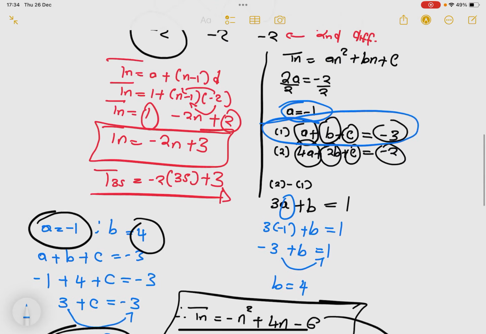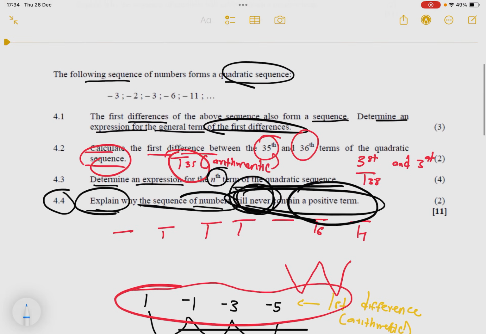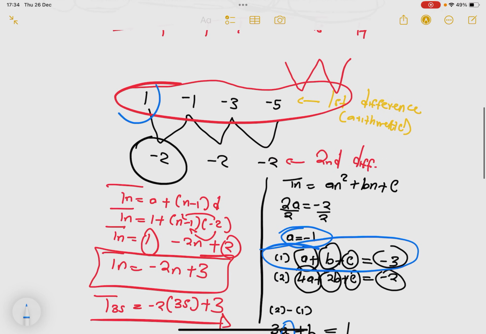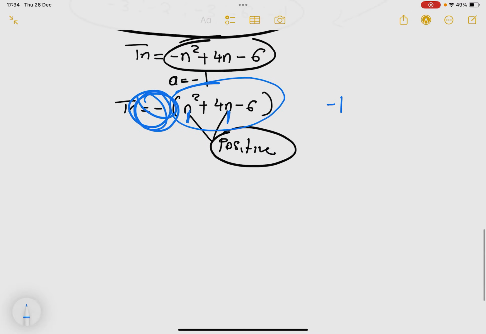Now, I want to show you this. Oh yeah, here it is. It's going to be a 1. But moving from T2, the expression will always be a negative. And why is that? I think it's not starting from 1, it's starting from T2.